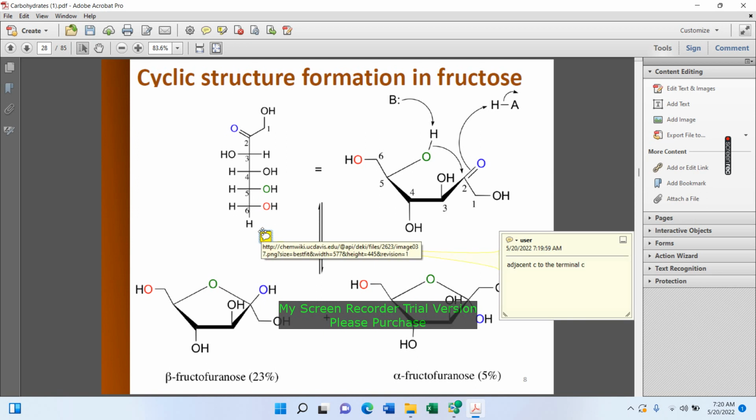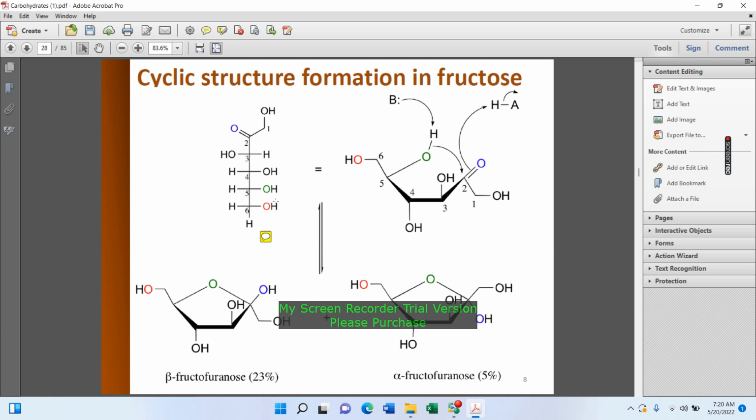Okay, the adjacent carbon to the terminal primary alcohol carbon, we take it, and that carbon, here, this one, participates in the reaction.